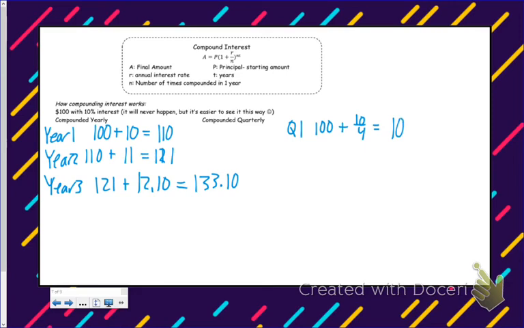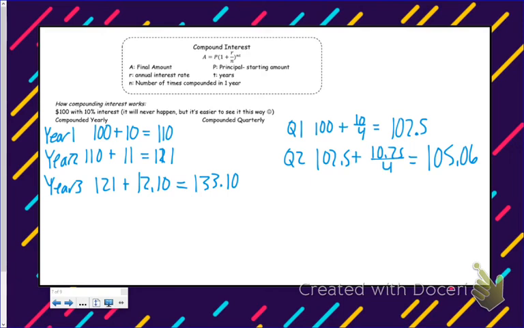So I'm going to have $102.50 at the end of the first quarter. Now when I get to the second quarter, which is halfway through the year, I'm going to take that 102.5, take 10% of that, and divide that by 4 because, again, we're just looking at a quarter. When I add that back in, I now have $105.06. So I'm already 6 cents over what I would have had if I just did halfway.